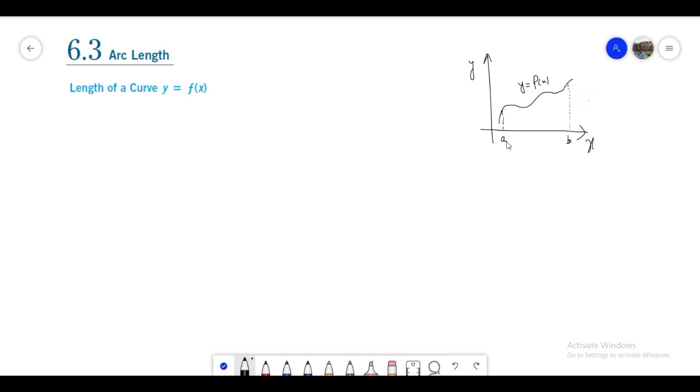Of course, here A and B are finite, and x belongs to the closed interval A comma B. For this, I would like to copy a figure from the book.